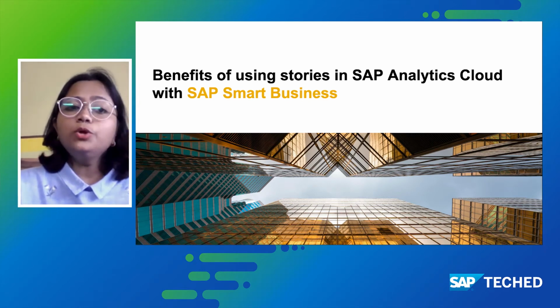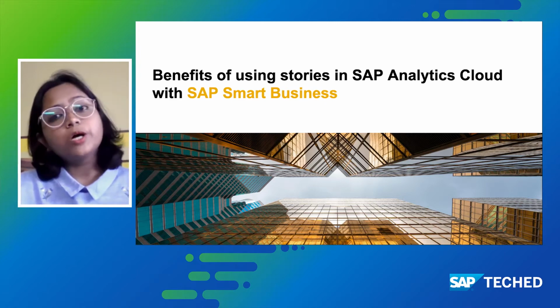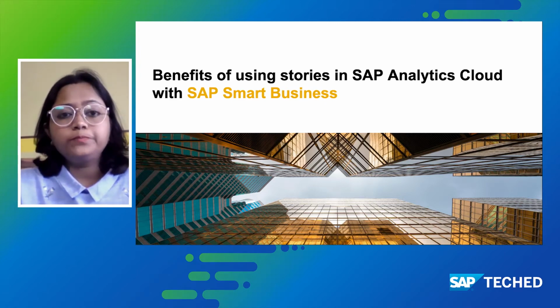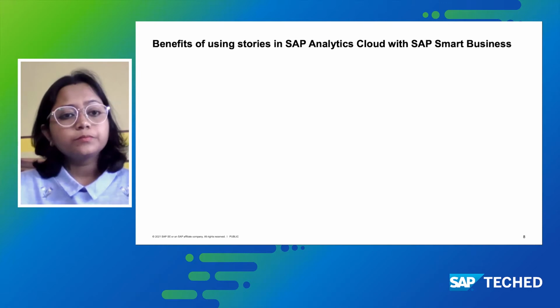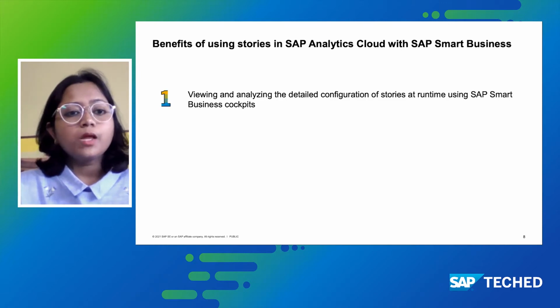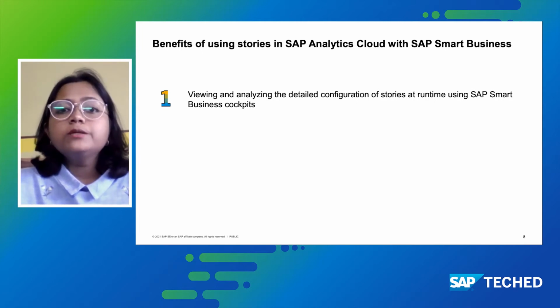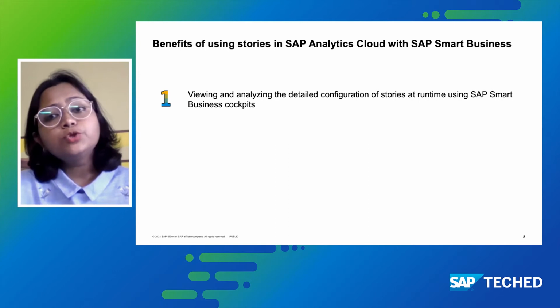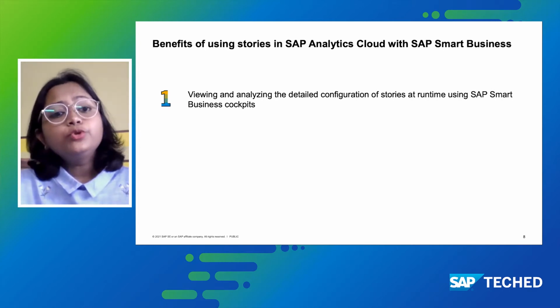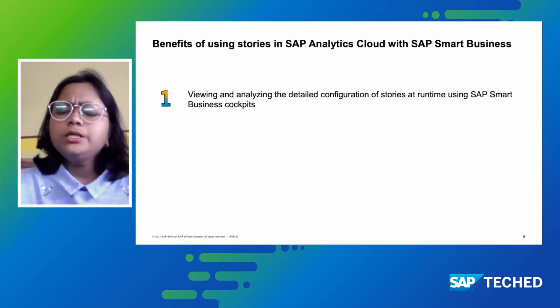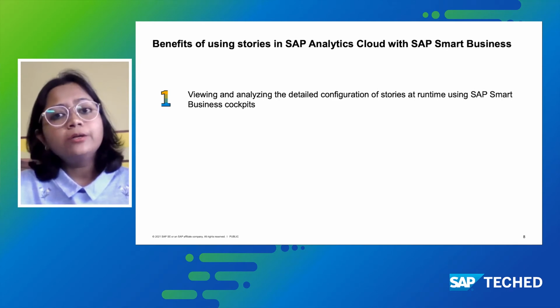Now, let's look at the benefits of using stories in SAC with Smart Business in the S/4HANA landscape. When a user creates a Smart Business runtime tile app using a SAC story, they will be able to visualize and analyze the detailed configuration of a story at runtime.